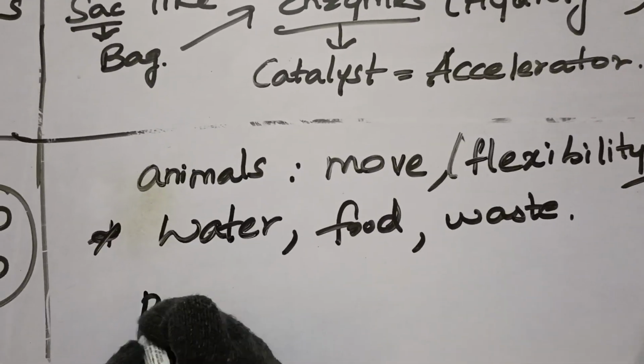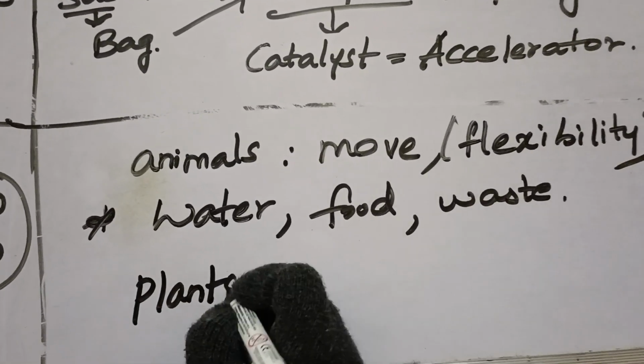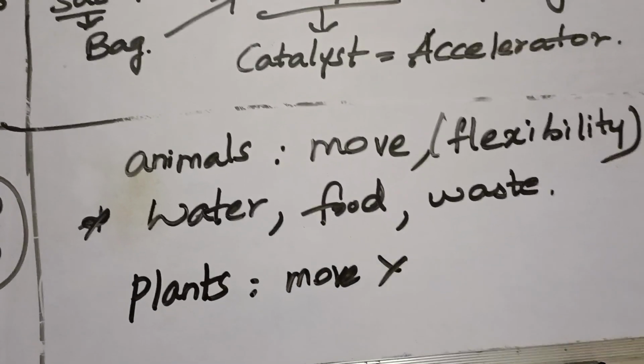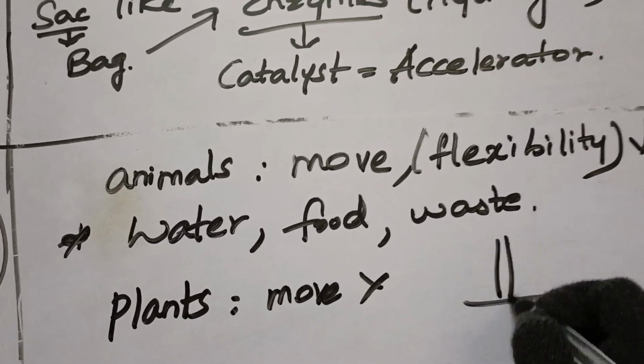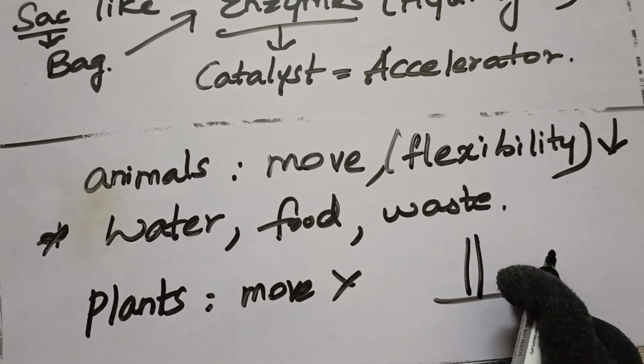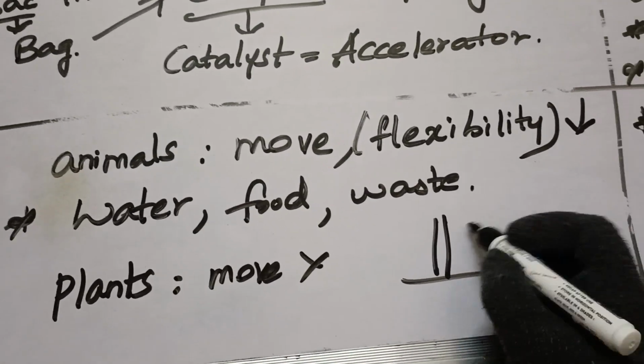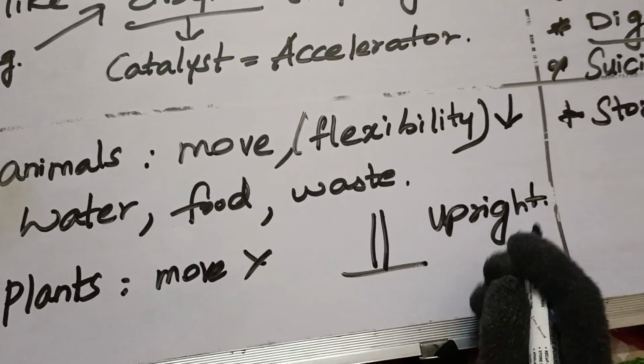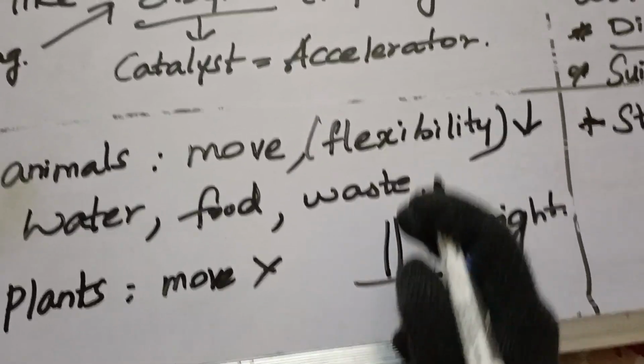Whereas plants do not do locomotion, meaning plants do not move from one place to another. What they only want is to stand straight, and a plant wants the strength to be upright against the environmental pressure.